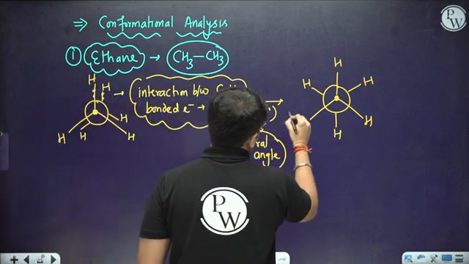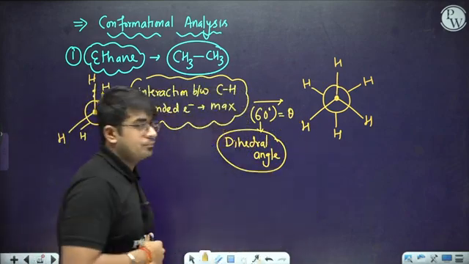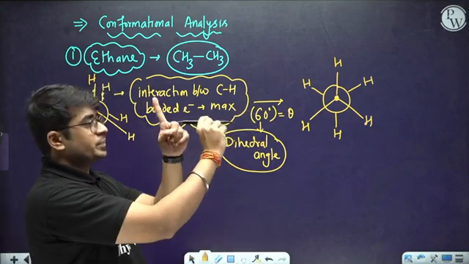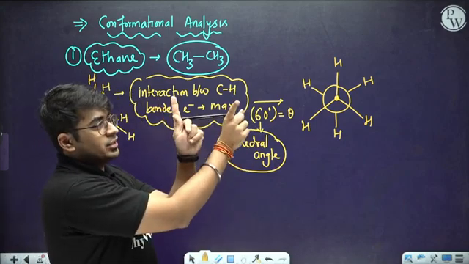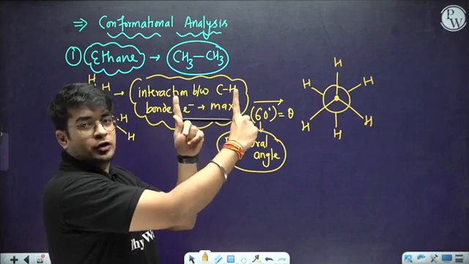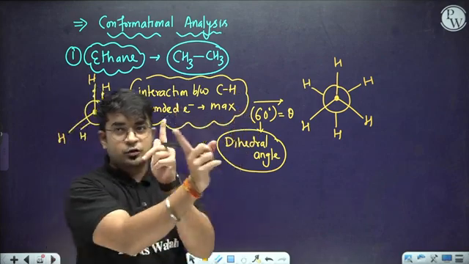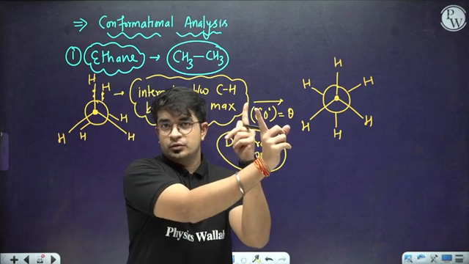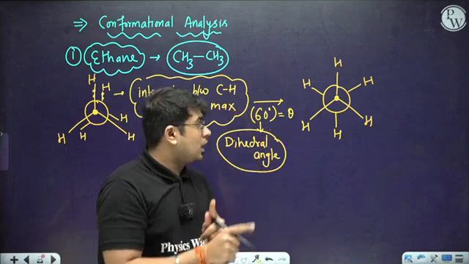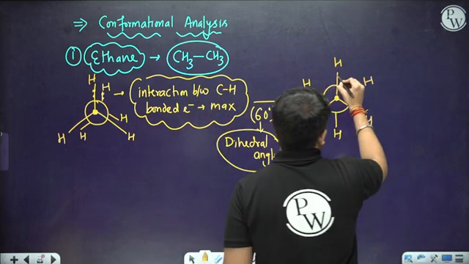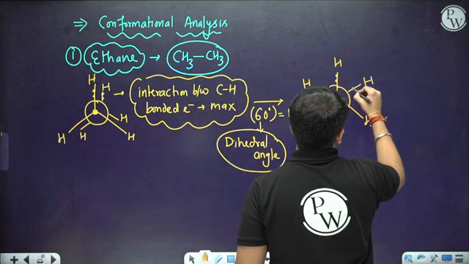So in this case, theta will be 60 degree. Now you can see that one CH is present here, but the next CH goes to that side. It is not in front of this particular CH bond. It is slightly rotated, like this. In this particular case, the electron pair interaction is less.